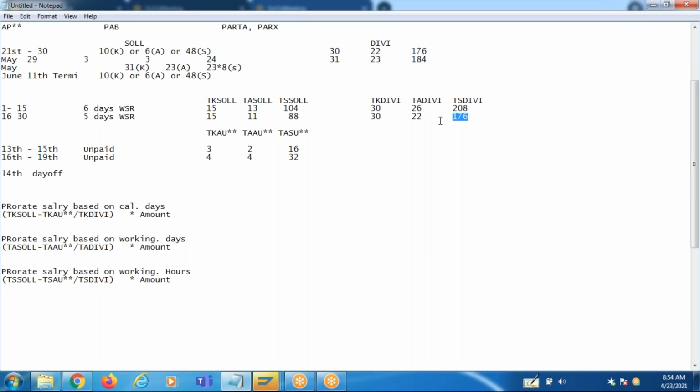So this is the reason why SAP has given these parameters. How AU is counted, we will see. We have to configure which absence is unpaid leave and which absence is paid leave.